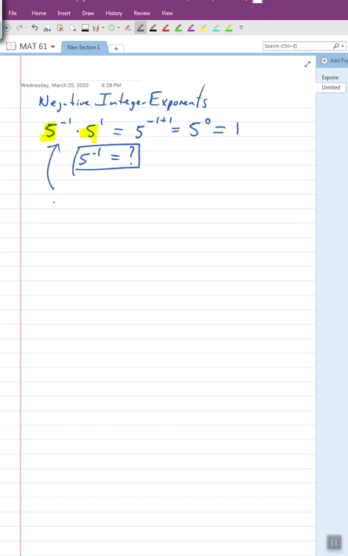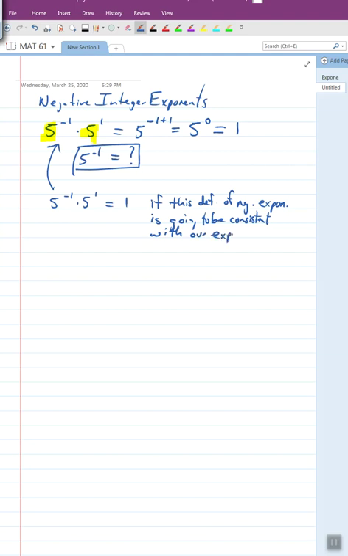But what we have up here says that 5 to the negative 1 times 5 to the 1 has to be 1 if this definition of negative exponents is going to be consistent with the exponent properties that we developed last time.